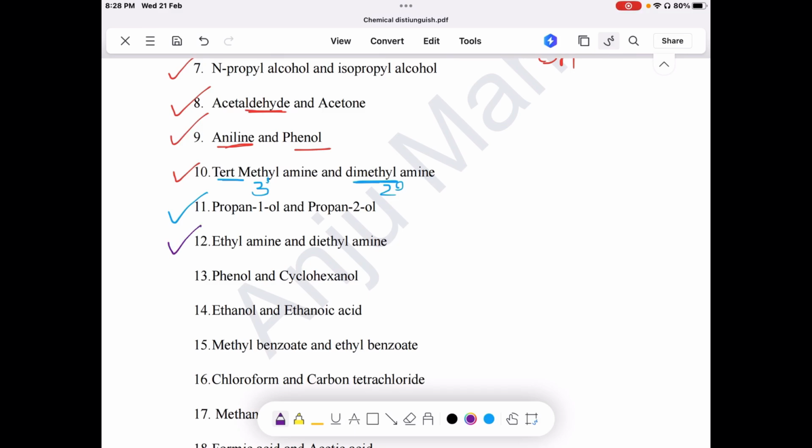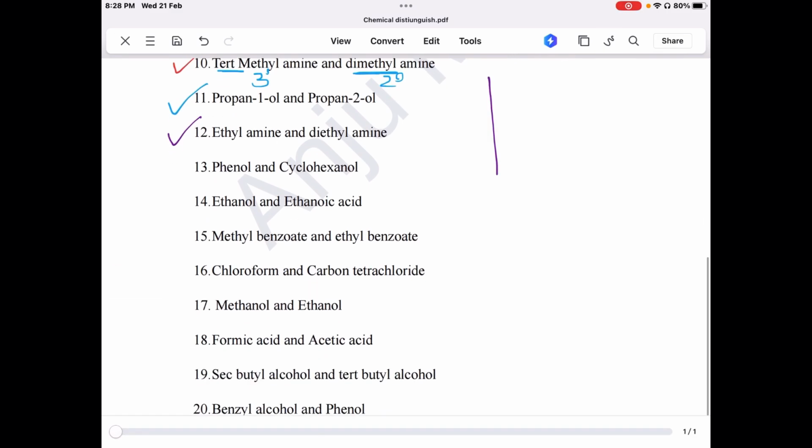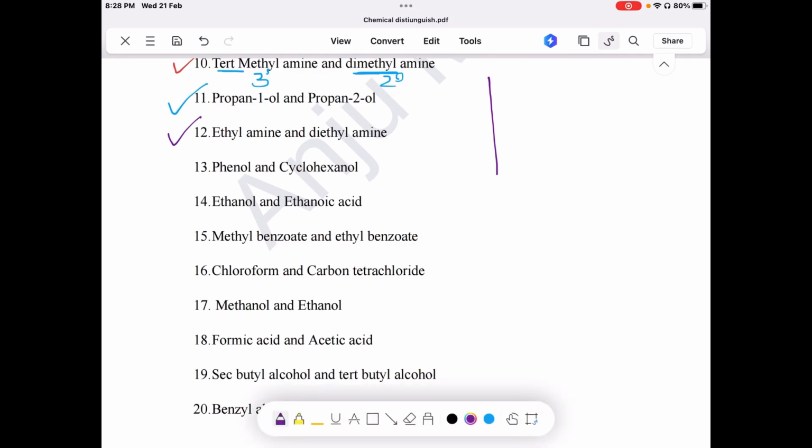Ethylamine and diethylamine: diethylamine is a secondary amine, so in case of secondary amine, we perform the Hinsberg test here. Ethylamine is a primary amine. You can also do a carbylamine test for a primary amine. So we have a primary amine and a secondary amine, and we chemically distinguish these two with the help of a Hinsberg test.